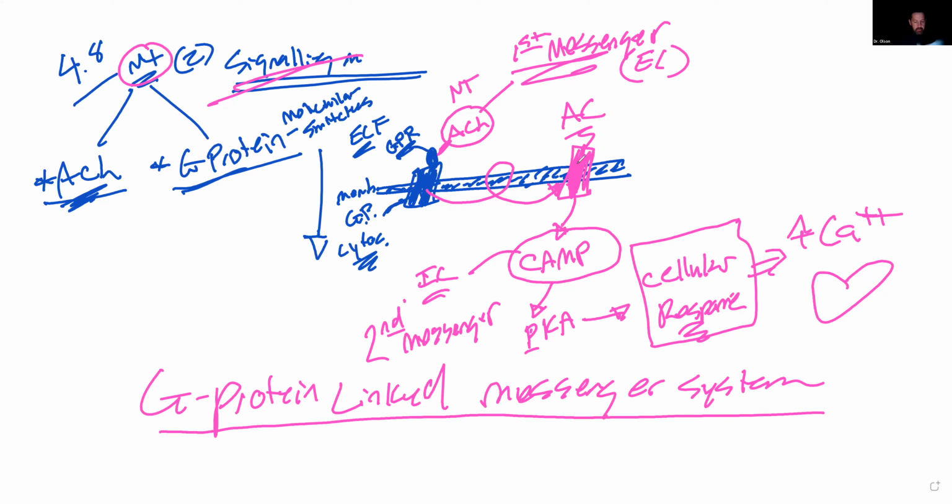Okay, and let's talk about a few neurotransmitters. Since we just talked about the G protein, let's go ahead and talk about a few G protein linked second messenger ones.